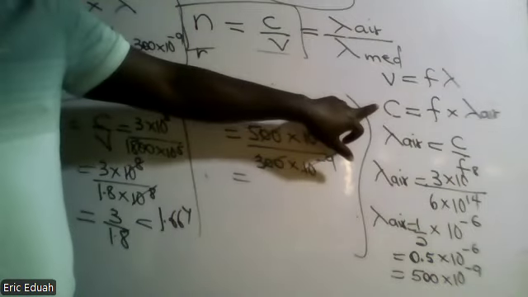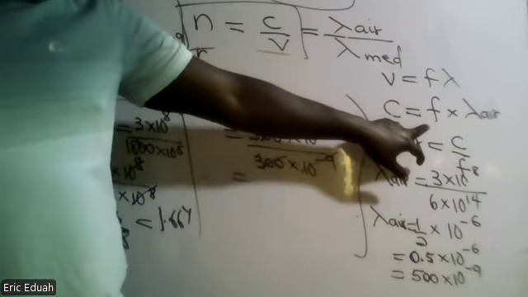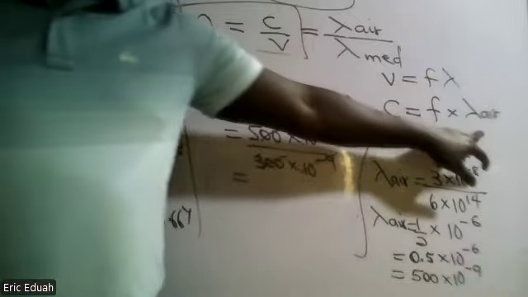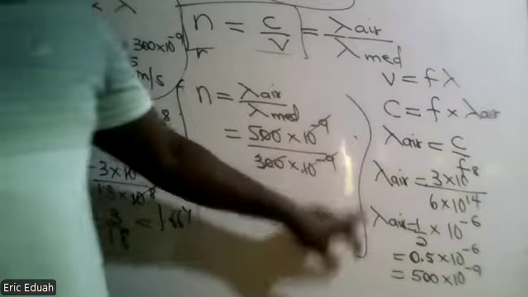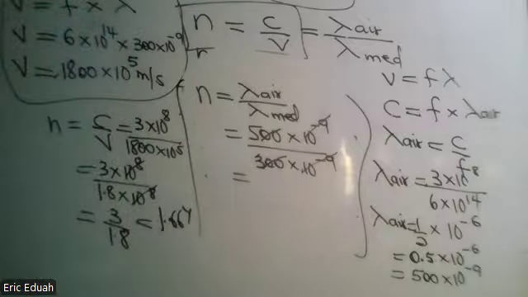C is a known constant, 3 times 10 to the power 8. F, the frequency of light, does not change from one medium to another. So when you make lambda in air the subject, this is what you have, 500 nanometers as the wavelength of light in air.